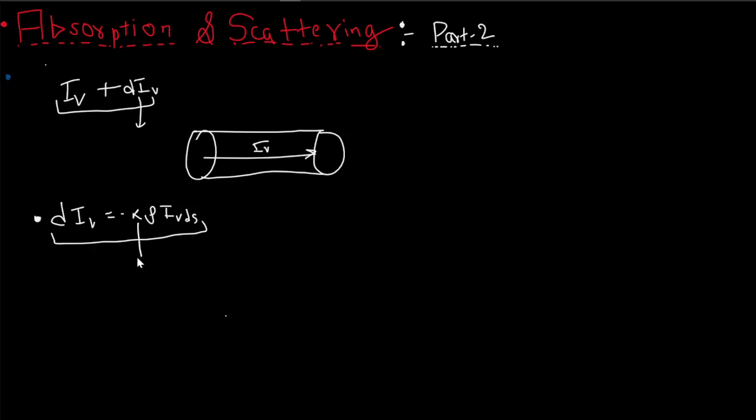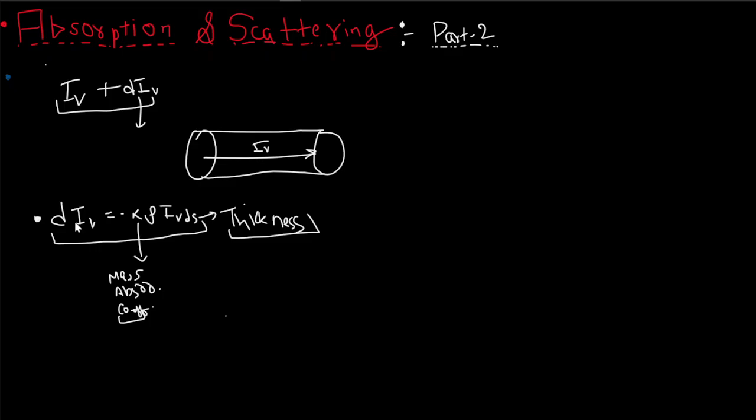Here K is the absorption coefficient, or more precisely the mass absorption coefficient, ρ is the density of the material, and ds is the thickness of the material. So in this scenario, this amount of radiation is being absorbed.